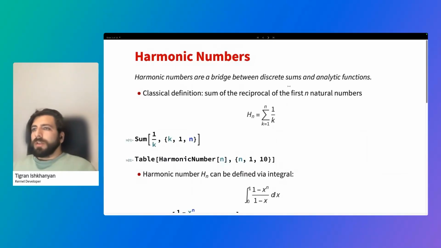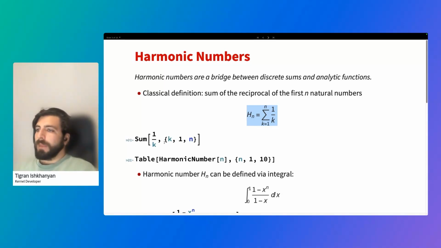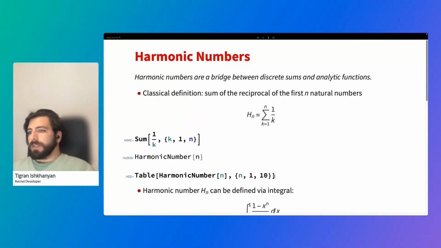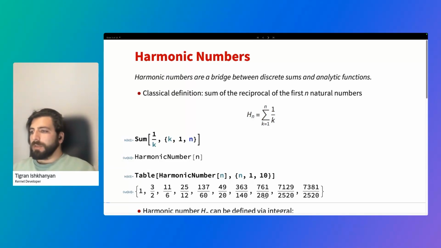Generally speaking, harmonic numbers are a bridge between discrete sums and analytic functions, and the classical definition is presented here. The harmonic number is a sum of the reciprocals of the first n natural numbers. We can evaluate this sum directly and get the harmonic number, or we can generate, say, the first 10 harmonic numbers.